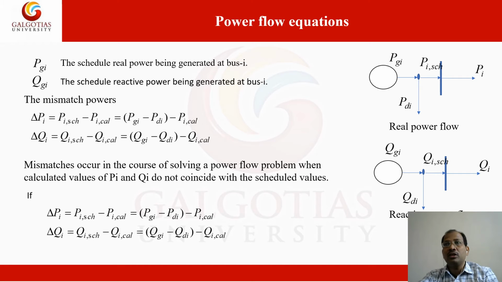If there is any mismatch, then we have to calculate the power flow equations, when the calculated values Pi, Qi do not coincide with the scheduled values. If Pi calculated equals Pi schedule, that is, if we get 0, then there is no need to calculate the load flow. So here we have to consider the mismatch.